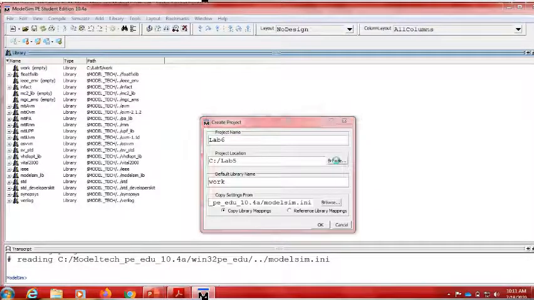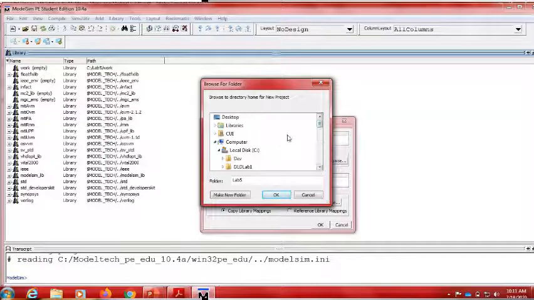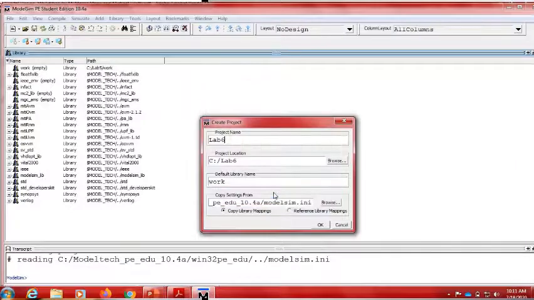And for the location of the project, we are creating a new folder here named lab 6, selecting that folder and pressing OK.